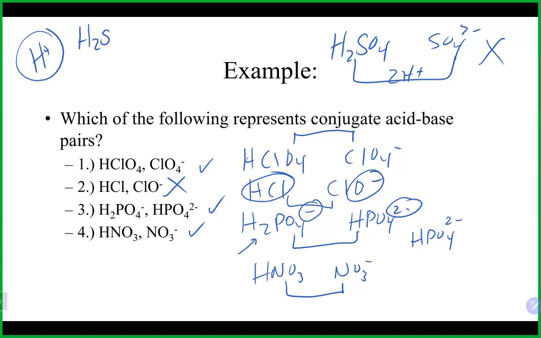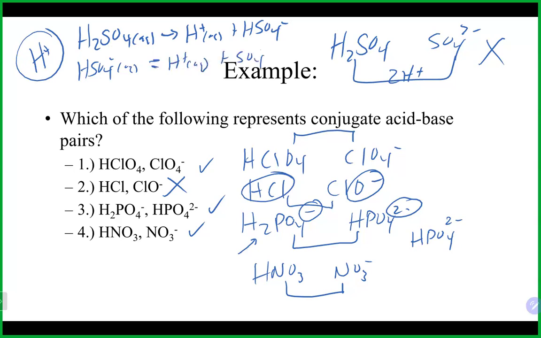And by the way, when something is a diprotic acid or triprotic acid, for example, the hydrogens actually come off one at a time. They don't all just drop off at once. So what would happen in this case is this guy would lose 1 hydrogen and make HSO4 minus. Then that HSO4 minus would lose 1 more hydrogen and make SO4 2 minus.